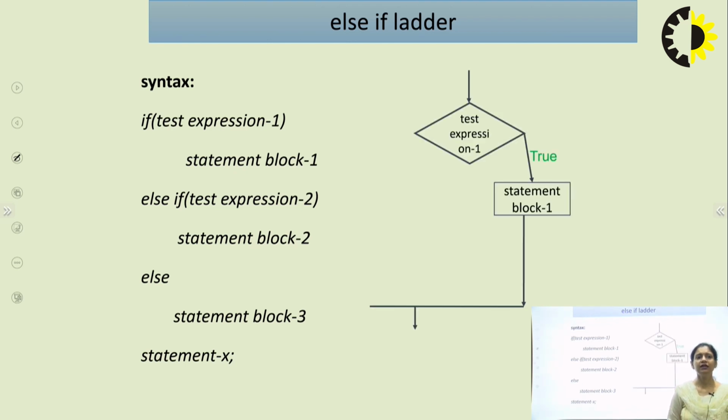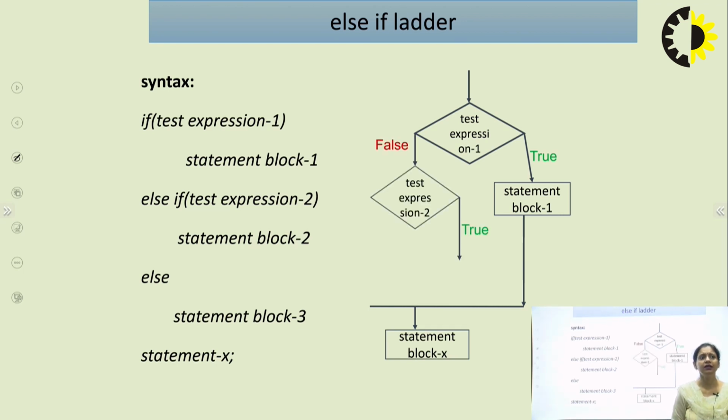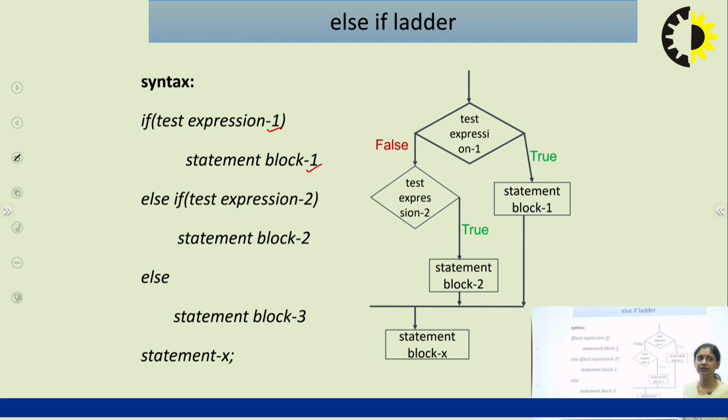Whenever we are using this else if ladder, the conditions will be written for the if block and the else if, but else will be executed at the end, wherein the conditions are not given, only the block of statements is available. So if the test expression 1 is true, then the block of statement 1 will be executed.